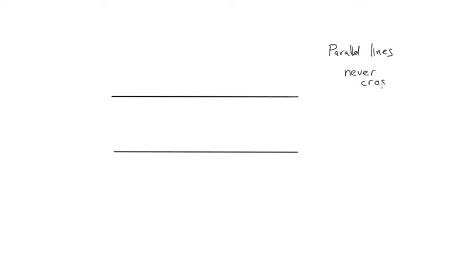They never cross. They just continue on and on this way. And they will never cross because they keep going side by side, just like this. So these don't cross. They are always going like this.